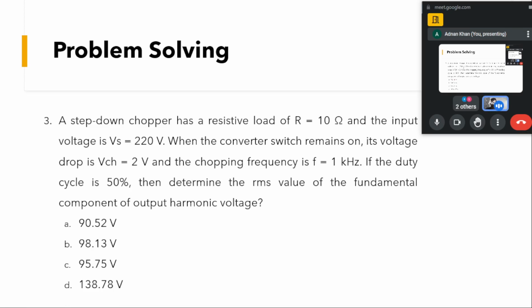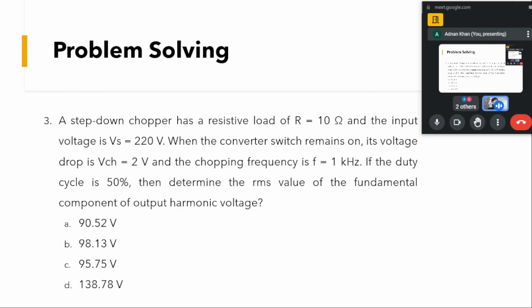What is given is that when the converter switch is turned on, its voltage drop is 2 volts. That is, the voltage drop across the device is 2 volts. Then also the chopping frequency is 1 kilohertz, that is 1000 hertz.